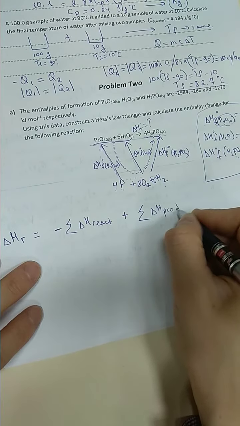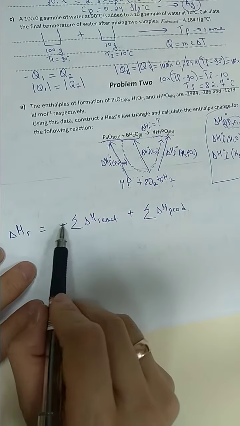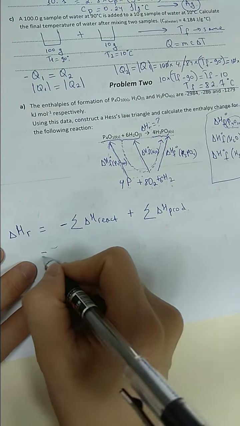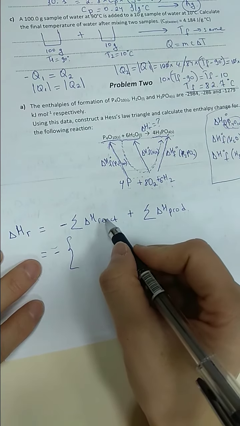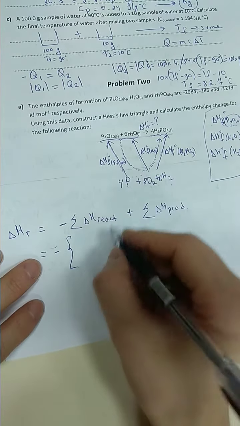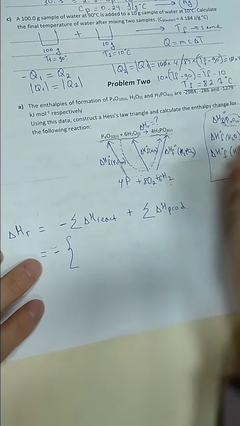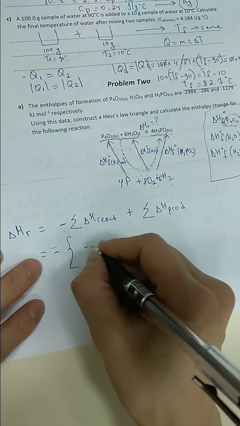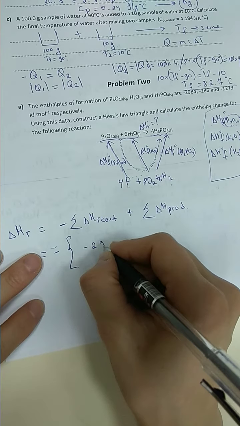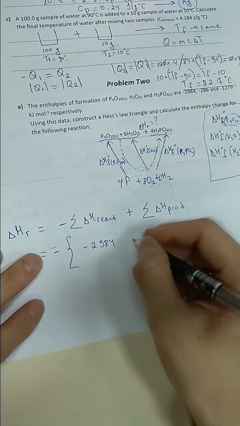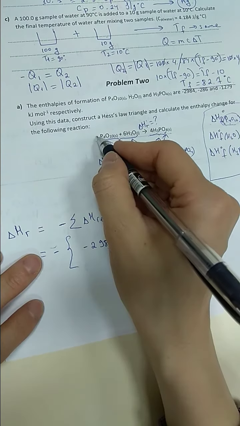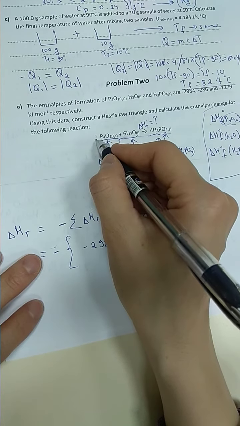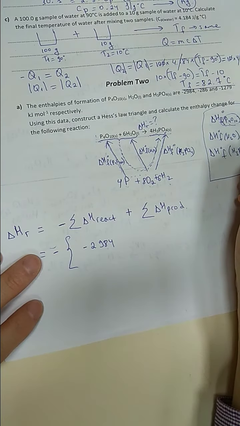Now we agreed on the signs. Now let's put in the numbers. Delta H of reactant: it's phosphorus oxide formation, minus 2,984 kilojoules per mole. I don't multiply by any number because I have 1 mole of phosphorus oxide, and it's the heat change required for forming 1 mole of substance.